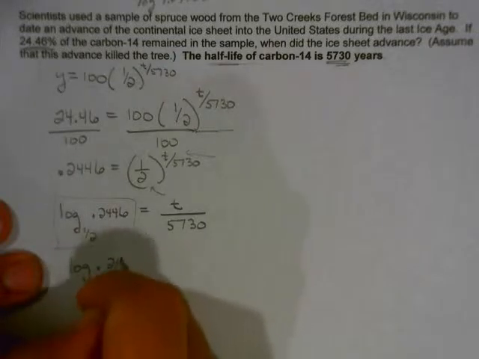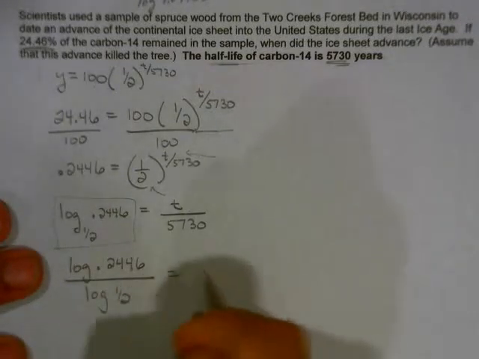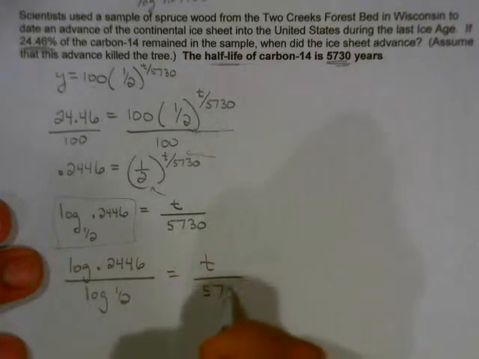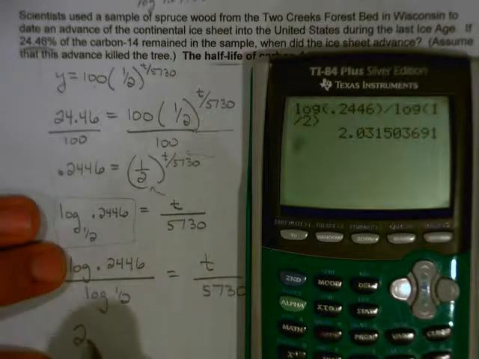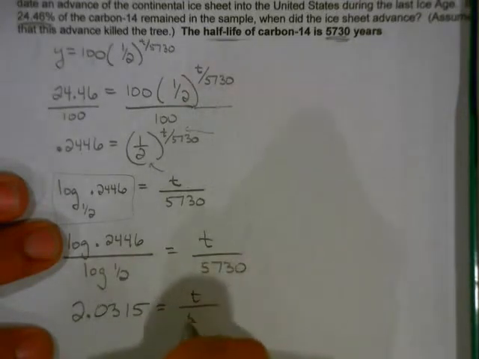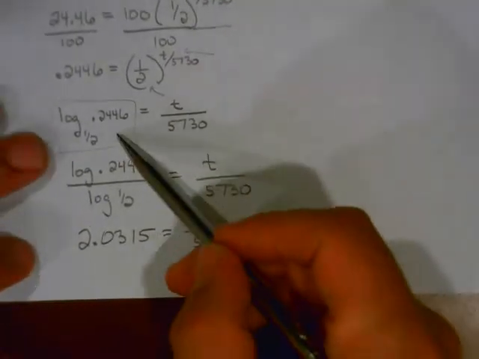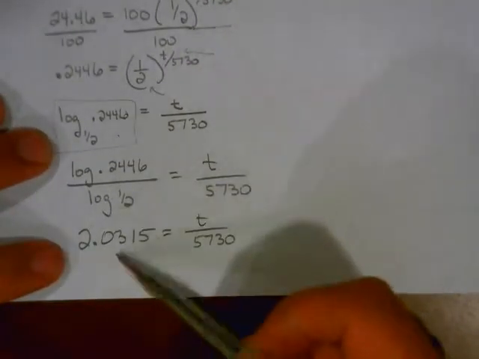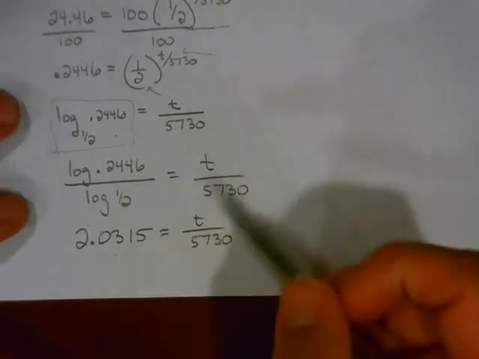Log 0.2446 divided by log of 1/2 equals t over 5,730, or that was 2.0315 equals t over 5,730. So you need to show your work, but whether you're calculating from here to here because your calculator can, or here you change the base and then calculate it, or instead of doing this you took the log of both sides, that's fine too.